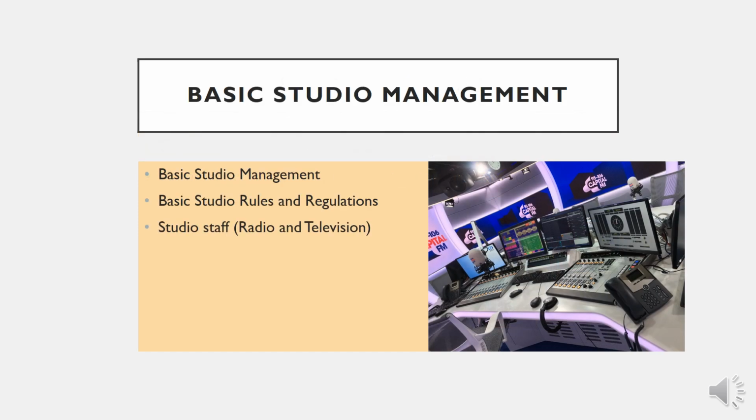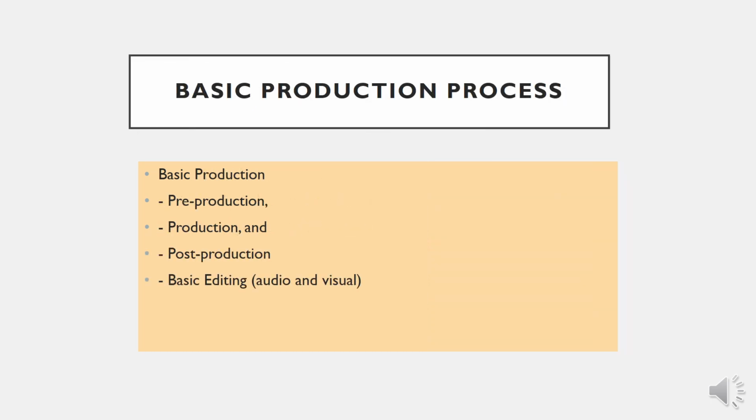All right, so basic studio management, how you manage the studio, how you run the studio, the rules and regulations that guide the studio or operation in the studio, the studio staff for radio and for TV. Basically, it's important for us also to understand the basic production process.